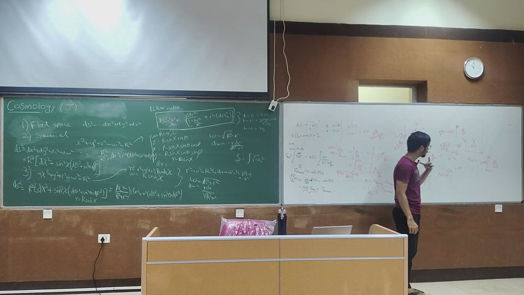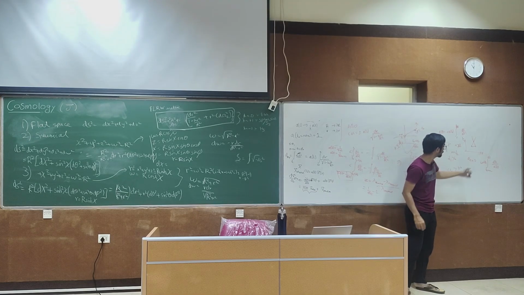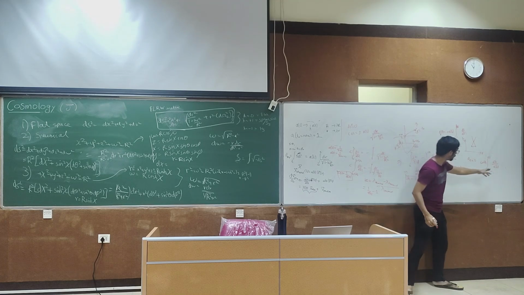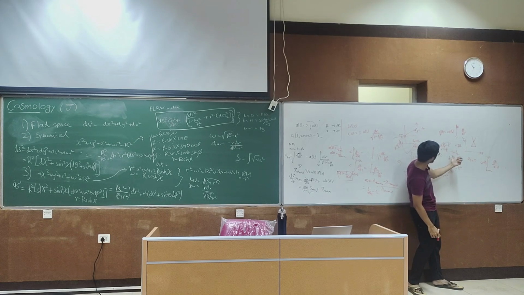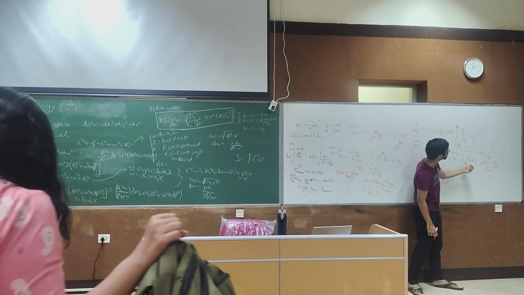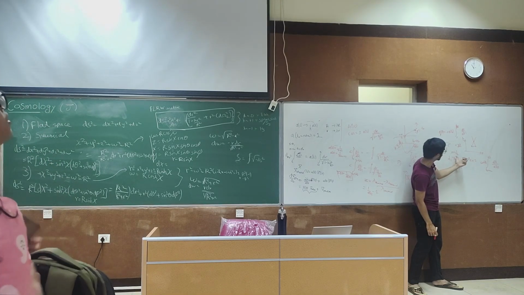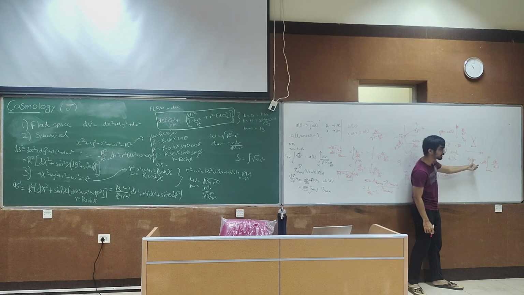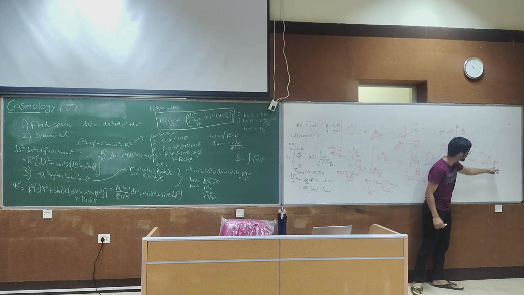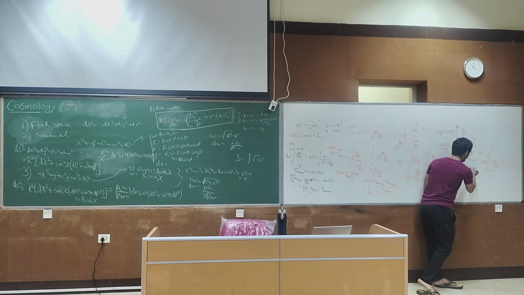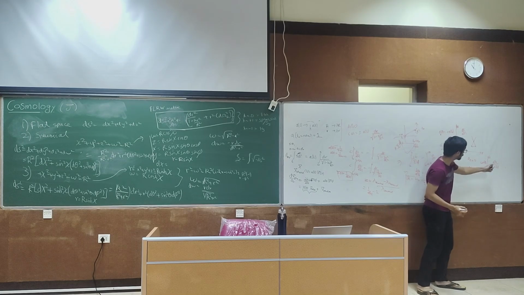Do you get this event horizon concept? If a of t goes as t to the half, then the area under the integral also diverges, right? But if a of t was exponential, as we will see, like e power lambda times t, then this is convergent.